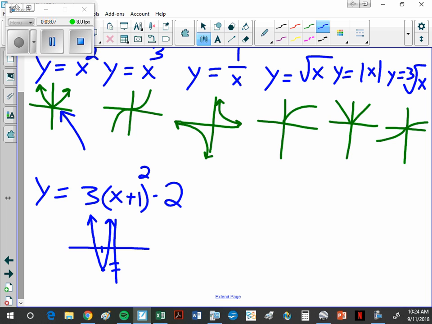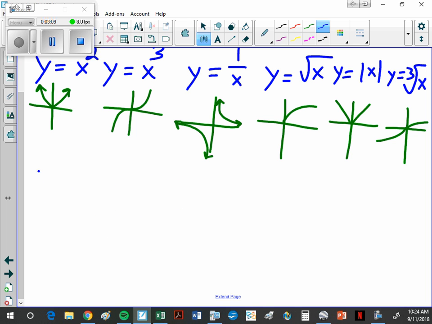Everybody understand that? Okay. What about y equals the square root of negative x plus 1? What does making the x negative do to the graph? Flips it. And remember, it's changing the x's. So what happens when I flip the x's?